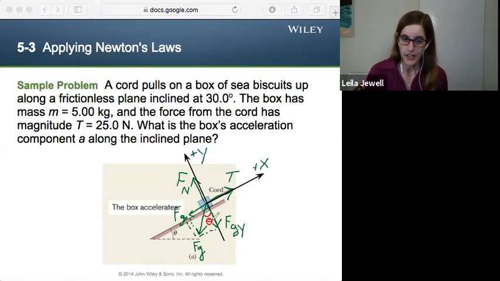Once we have that theta, we now can solve for our other components. We can say that F_Gy is related to F_G with cosine of theta, because now the angle is defined relative to the vertical. So we use cosine of theta for the y component, which is an interesting switcheroo.